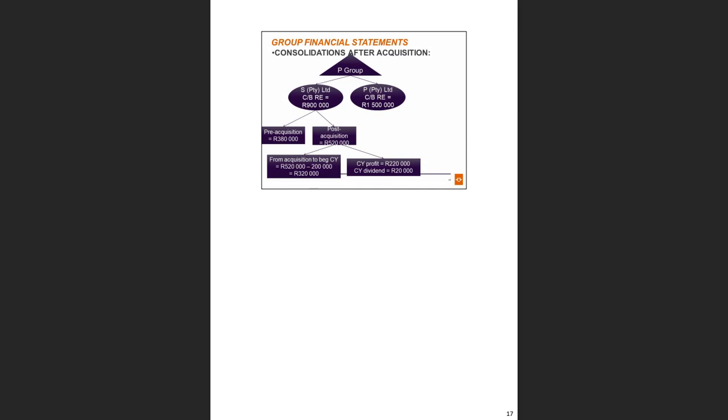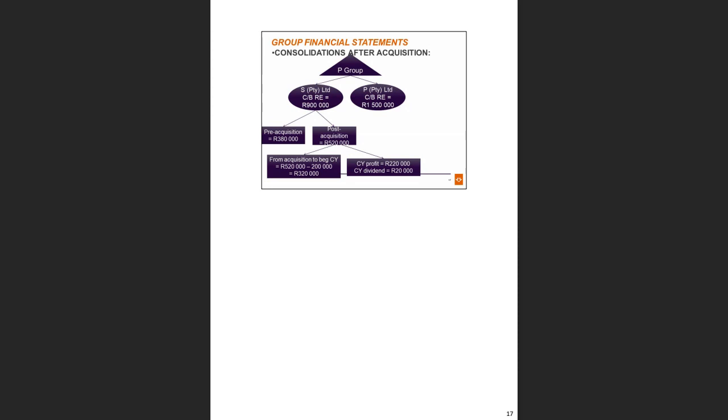We're taking our closing balance of retained earnings being 900,000 and subtracting 380,000 Rand being the pre-acquisition retained earnings. This is going to give us 520,000 post-acquisition retained earnings.